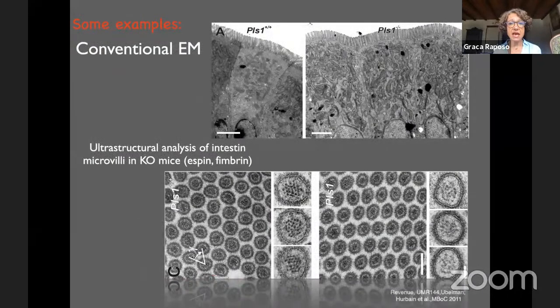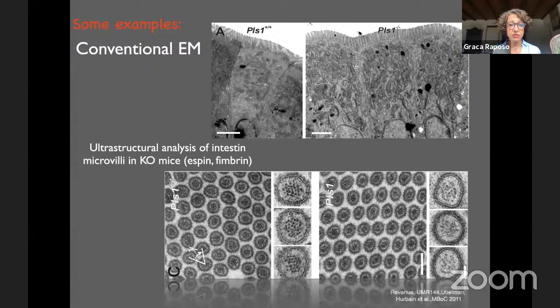Here is just an example that I want to share with you, and this was work done in Institut Curie, for example, by Ilse Urbain in collaboration with the team of Sylvie Robin and Daniel Louvain some years ago. And you can see very nicely, just doing conventional EM, the microvilli. So this is the intestine of mice.